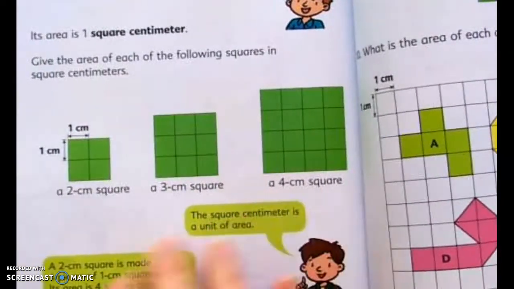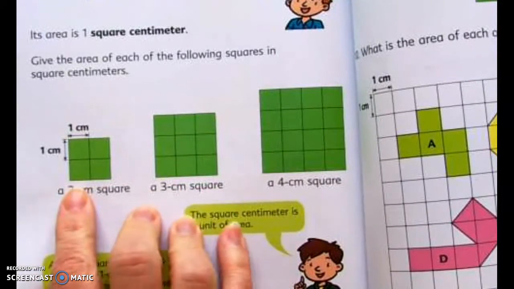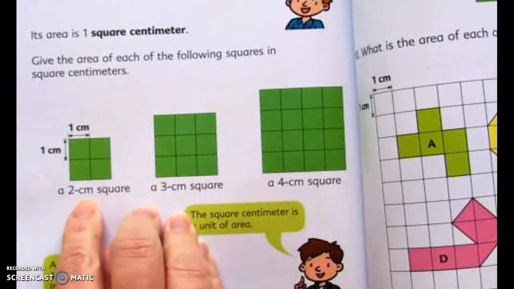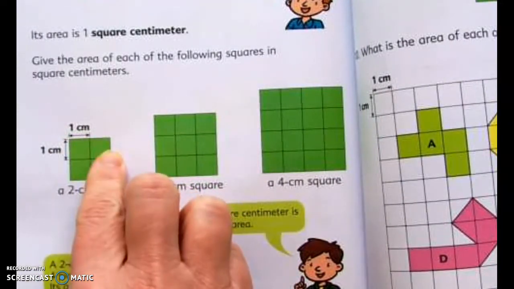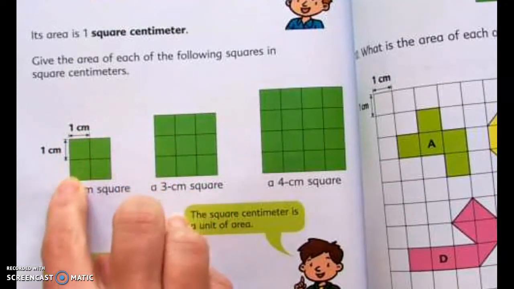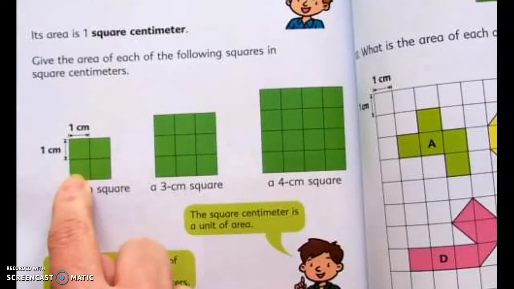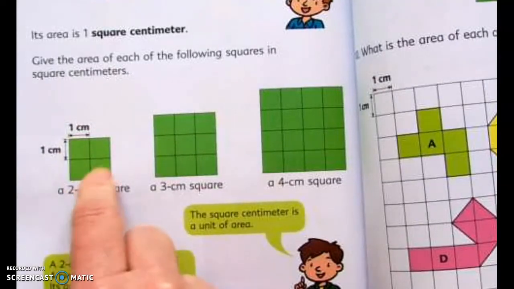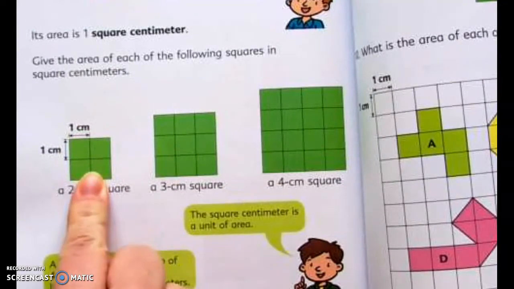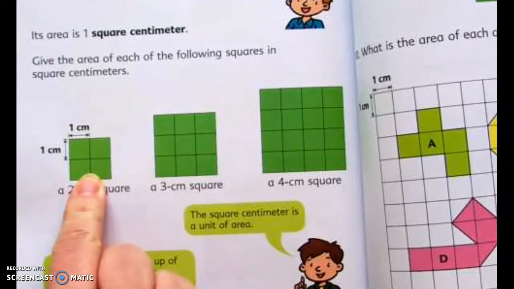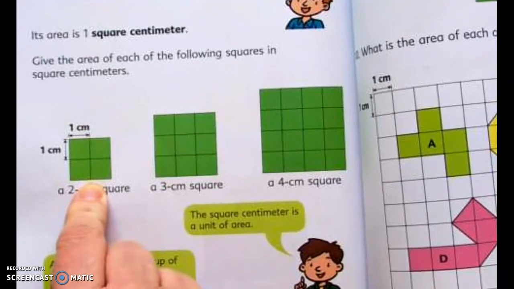Now, for something fun, you're not going to be tested on it today, but just a little idea. If you're using 2 centimeters going across one way and 2 this way, a 2 centimeter square, what's the area? Well, it's 1, 2, 3, 4, because 2 times 2 is 4. This year, you don't go into the mathematical function of finding areas of rectangles or squares, but technically it's length times width.